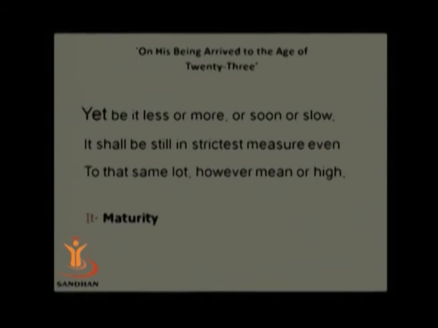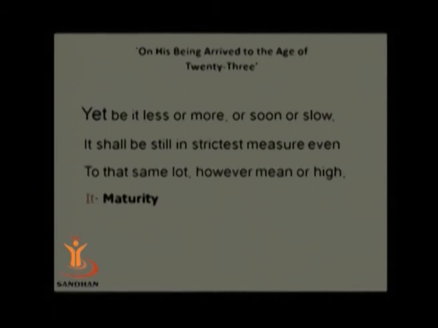So here, "yet be it less or more," for paraphrasing: yet be the maturity less or more, the maturity that he has achieved on reaching the age of 23 in comparison to the poetic maturity that his friends or companions might have achieved.